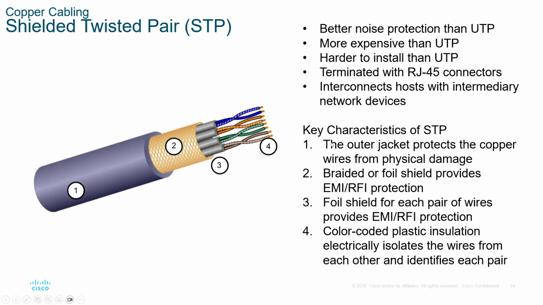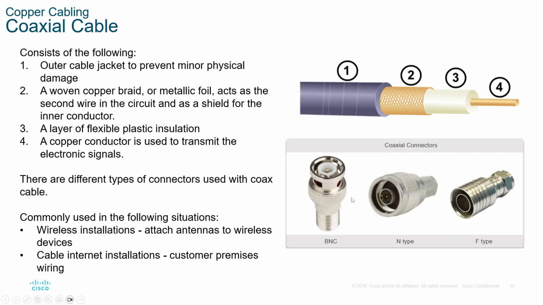But you need shielded twisted pair only in an environment where there are a lot of machineries, like a manufacturing environment or any type of lab with a lot of electronic equipment. Not the computer, but other electronic equipment. Okay? And this is coax cable.